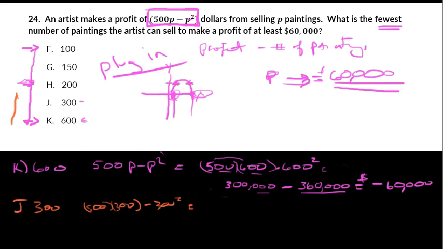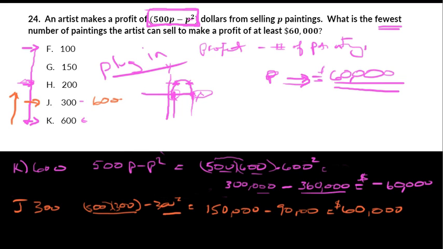And that will give us 150,000. That's that. Minus 90,000. That's the 300 squared. And that turns out to be $60,000. So if we were going up the ladder like this and we got to J, we would say that gives us the $60,000 we're looking for, we're done.